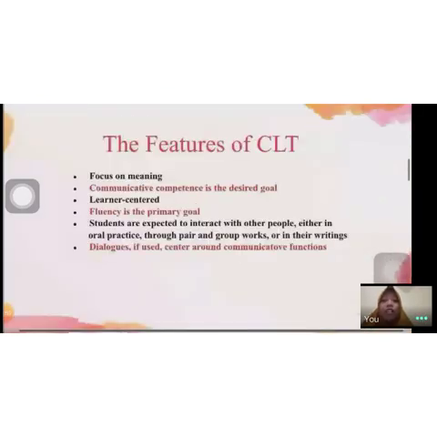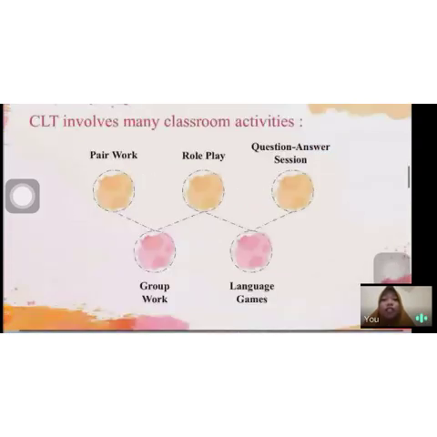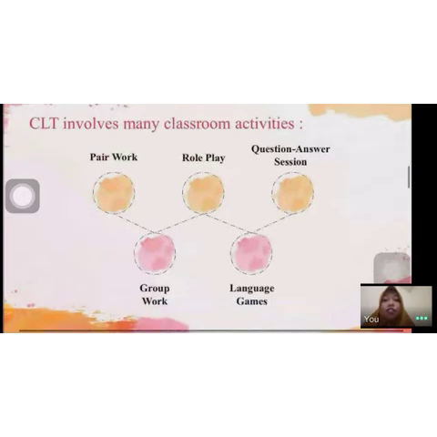The third, complementary principles are fluency and accuracy, even though fluency is more crucial in language use. The fourth, students are obligated to use the language productively. The fifth, teacher gives many opportunities to students. And then the sixth, teacher as a facilitator and guide students by keeping interaction.